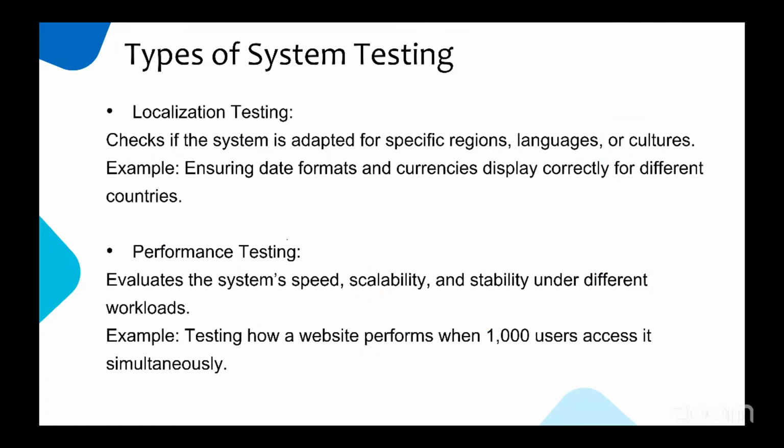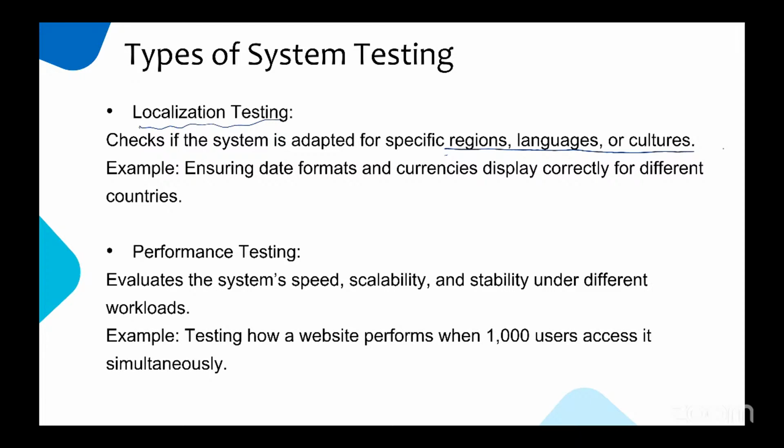And this is also a very interesting one, localization testing. It checks according to region, language, cultures, many things. Especially when you take the European market, English is not a dominant language.